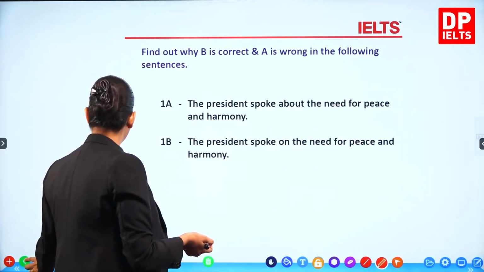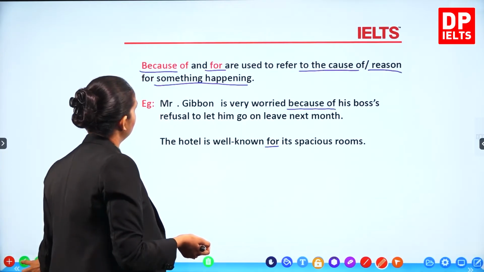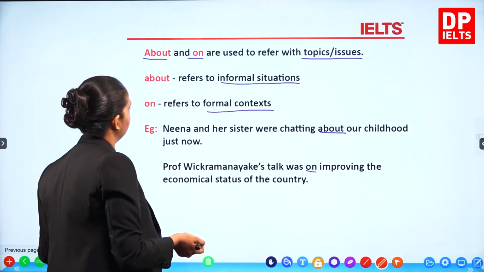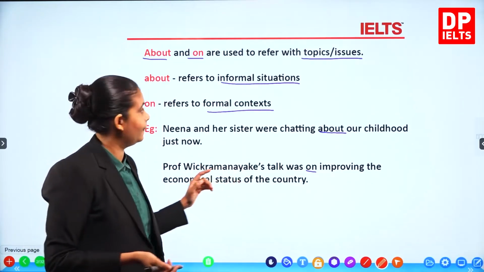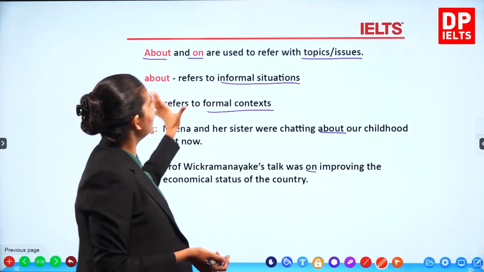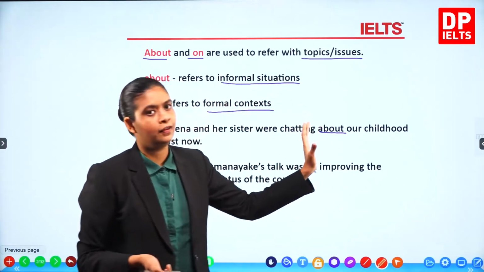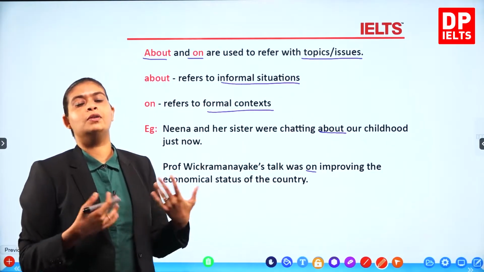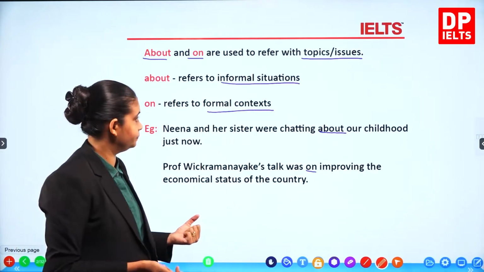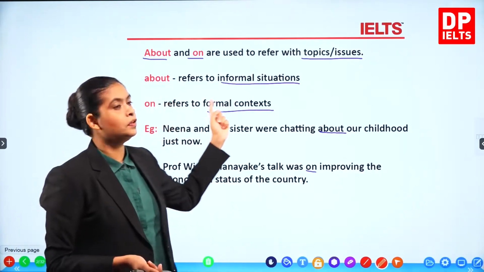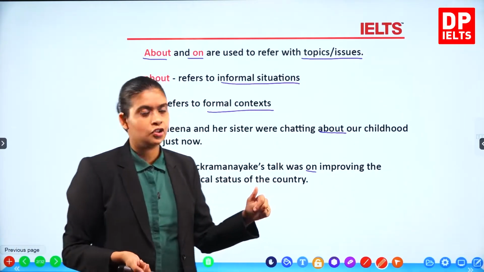Now before we come here, I want to quickly give you a recap again of what we were talking about. About and on are used to refer to a certain topic or an issue. About refers to informal situations.